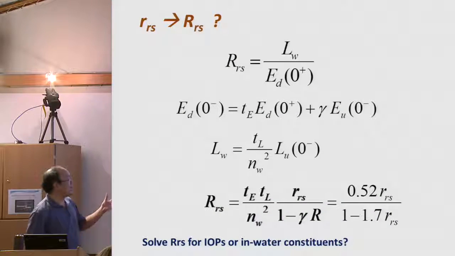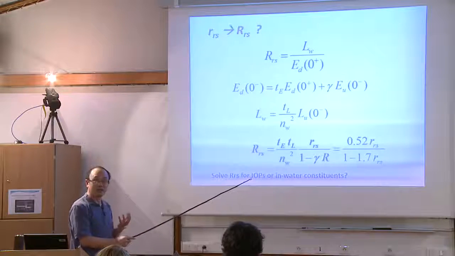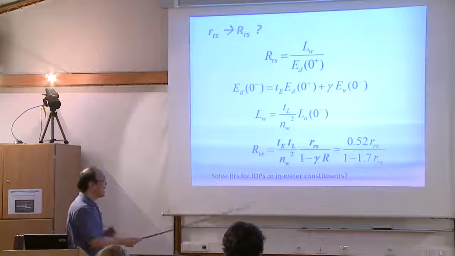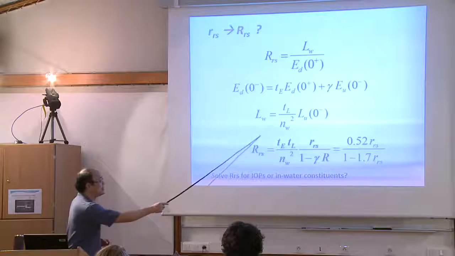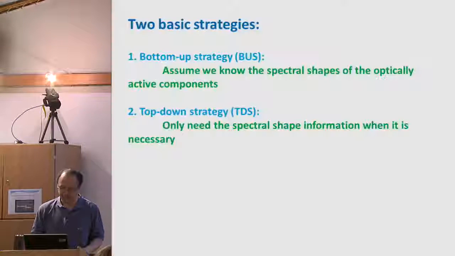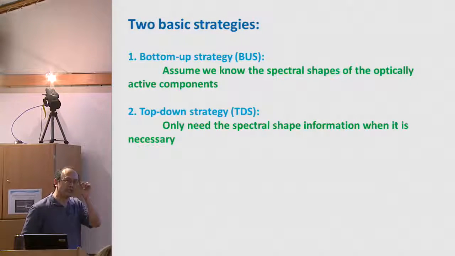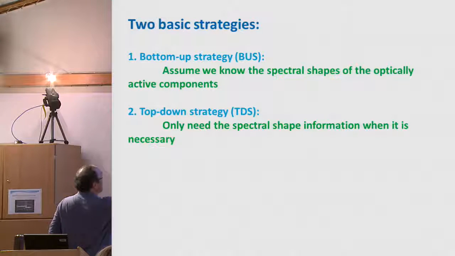So, okay, what's next? Then we have this Rrs. The next task is just to solve for IOPs from this remote sensing reflectance spectrum. At the beginning I talked about the two strategies. One is the bottom-up strategy and another is the top-down strategy.